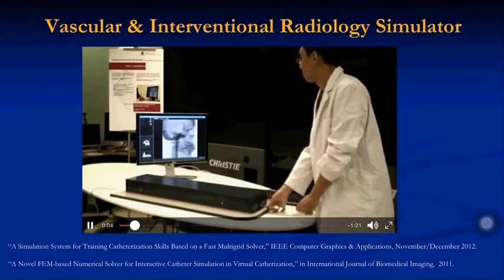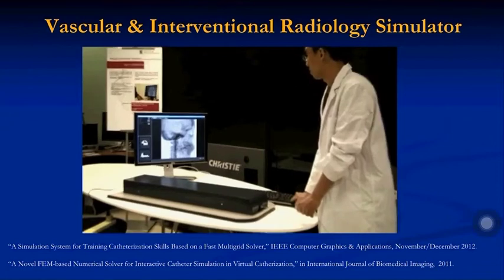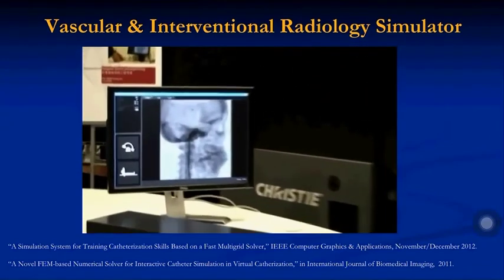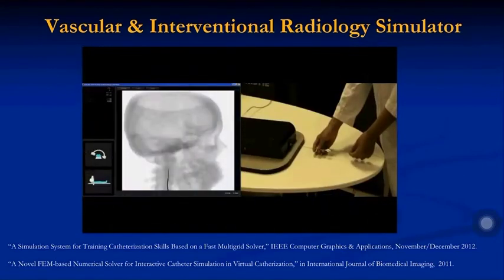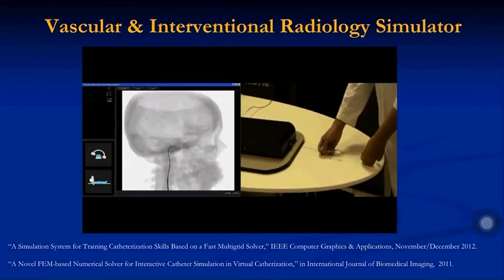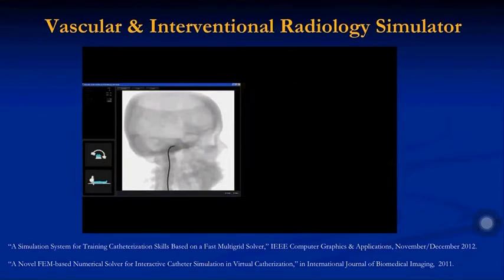Here the users can perform simulated vascular and interventional radiology in a very safe environment that will cause no harm to patients. In this picture, all the components are integrated and developed at our center. We can see that the user can manipulate by pulling, twisting, and turning the catheters to advance them to the desired locations.